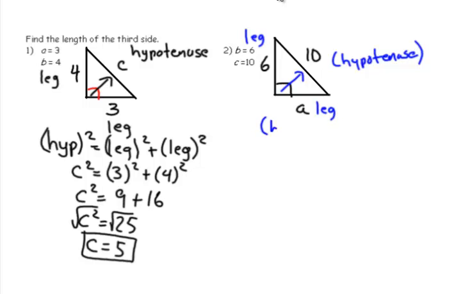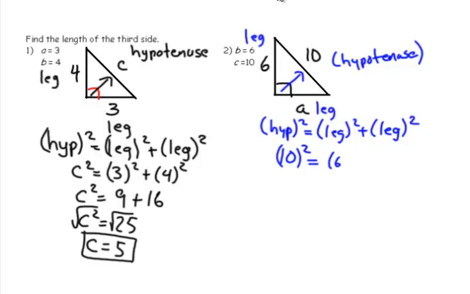And so the hypotenuse squared equals the leg squared plus the leg squared, the sum of the squares of the legs. So I'm going to substitute in here. This time my hypotenuse is 10. I have 6 squared plus a squared.